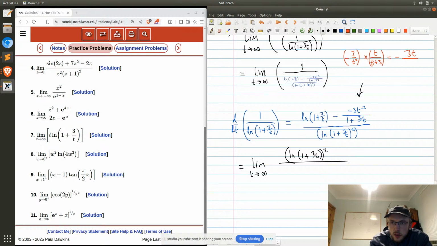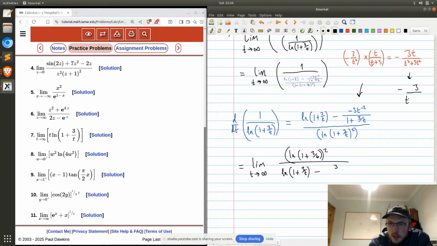Minus 3t over t cubed add 3t squared. No, that's fine. Right, ln of 1 add 3 over t. This is such a mess. There's no way that this is the right answer. Cancel off some t's there, yeah?